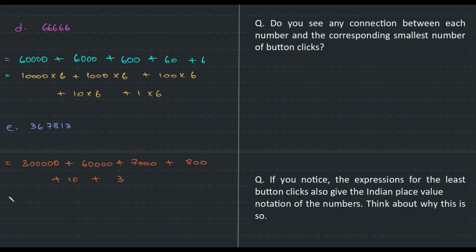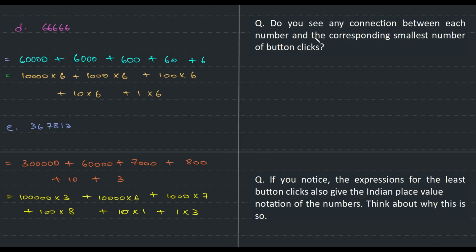Is that correct? So I can write this as a lakh into 3 plus 10,000 into 6 plus 1,000 into 7 plus 100 into 8 plus 10 into 1 plus 1 into 3, and so on and so forth.